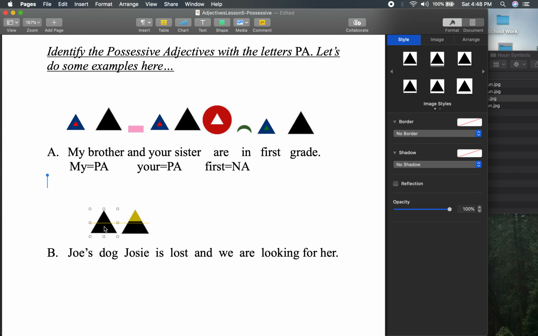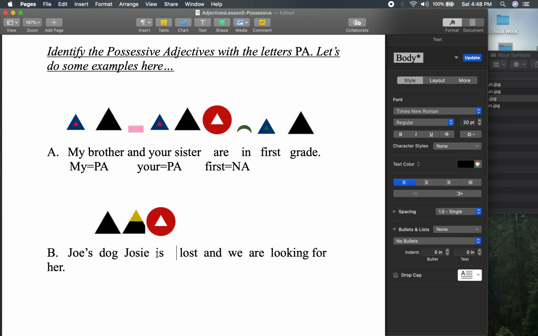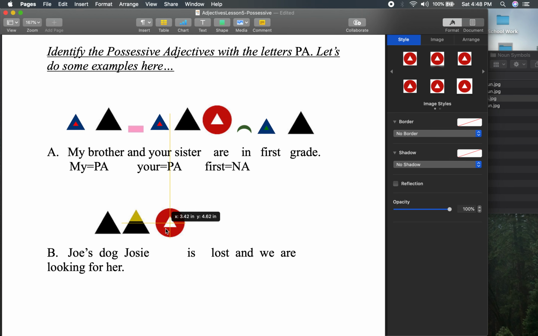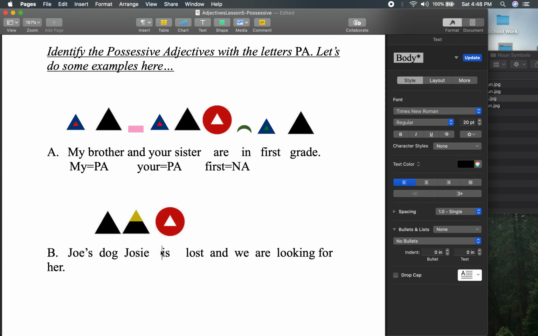Joe's dog, Josie, is lost, and we are looking. Yeah, we're definitely going to need some more space. Is lost, and we are looking.